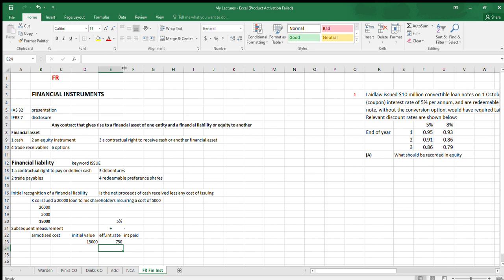So you always multiply the percentage by the initial value.